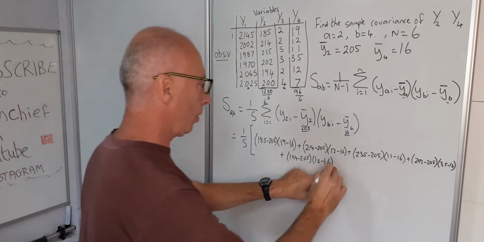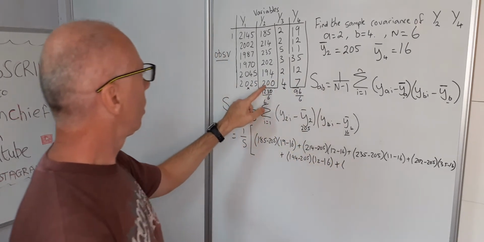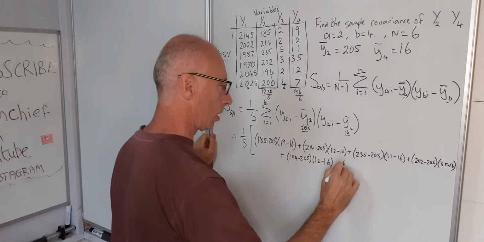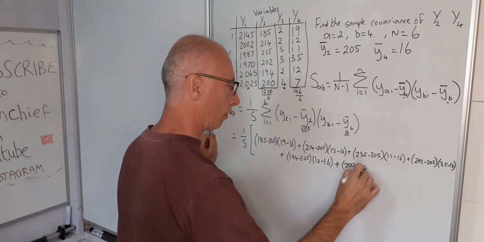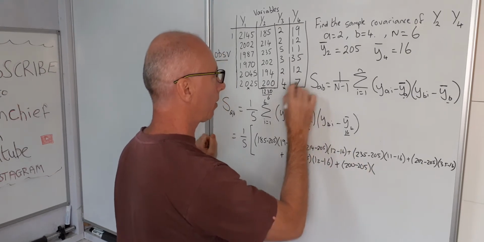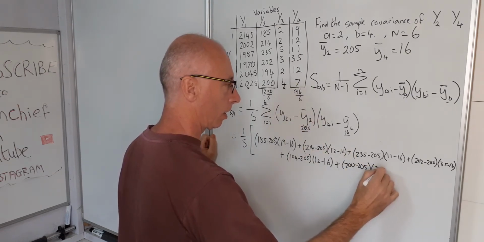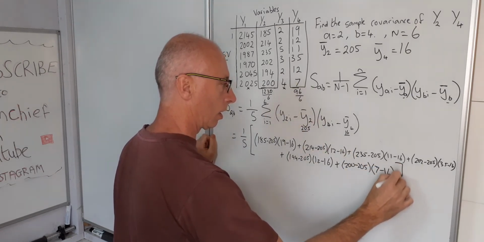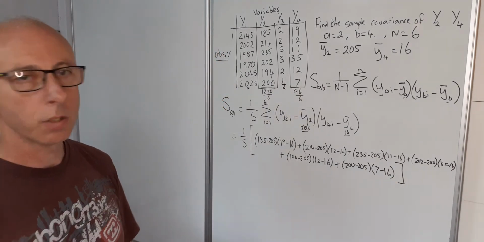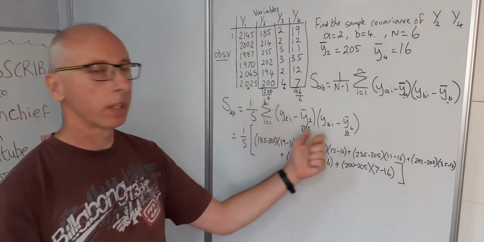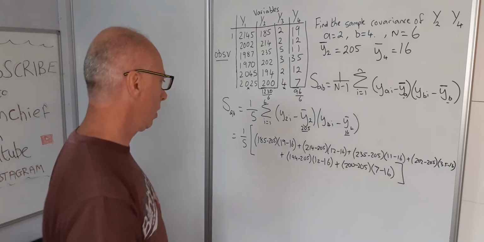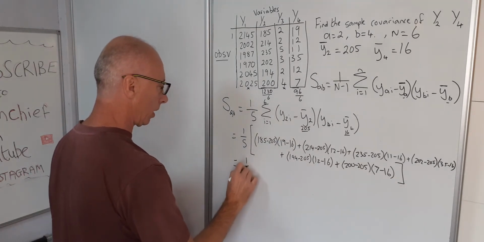And then we're going to add on the last one, which is 200 minus 205 and 7 minus 16. Okay, that's just a pretty straightforward case now of doing the algebra on all this and getting all our mental arithmetic right.